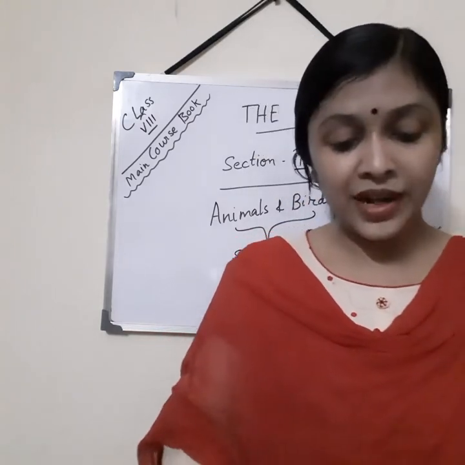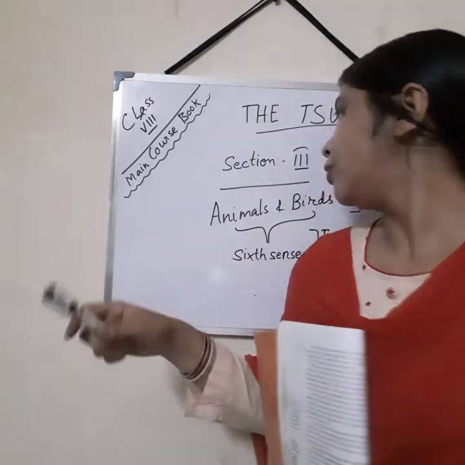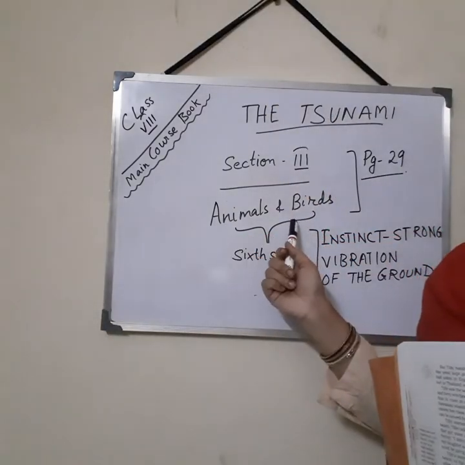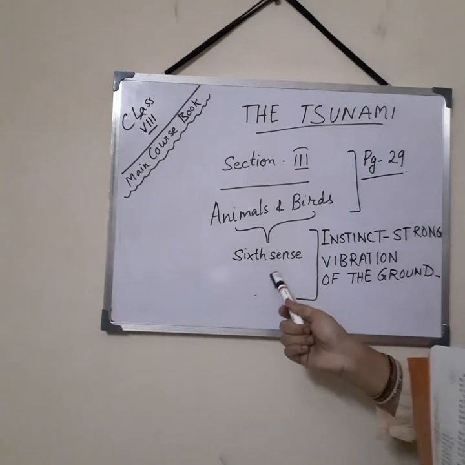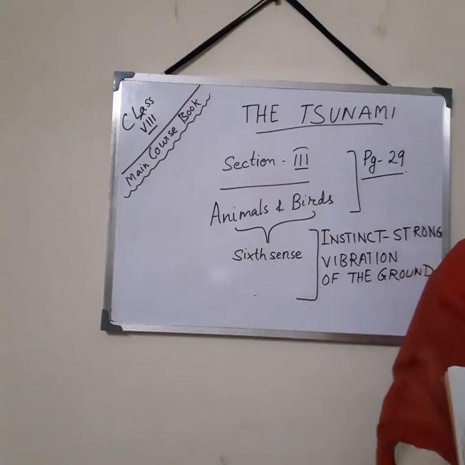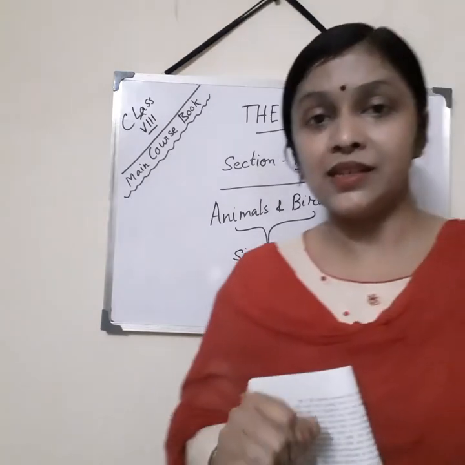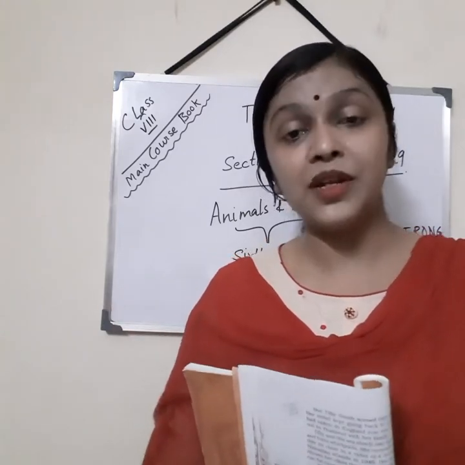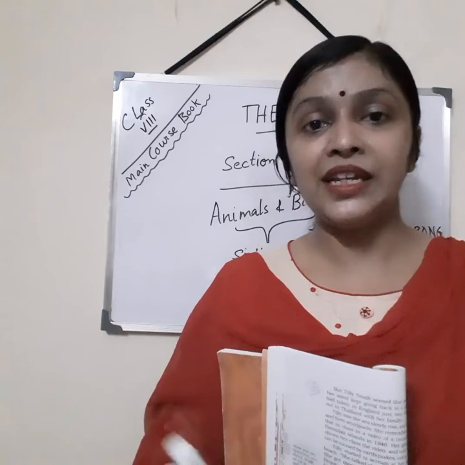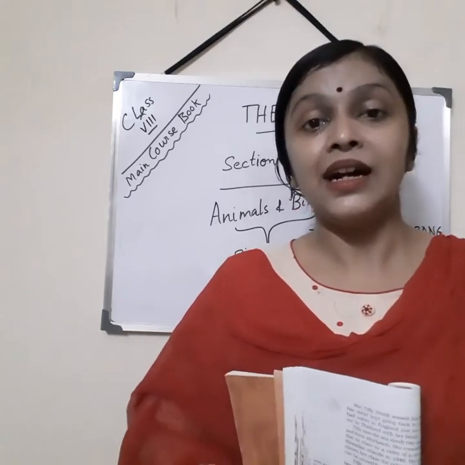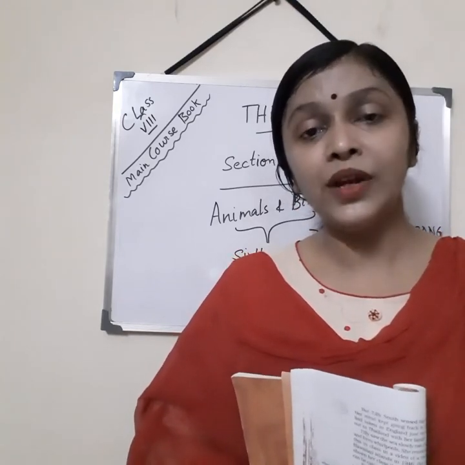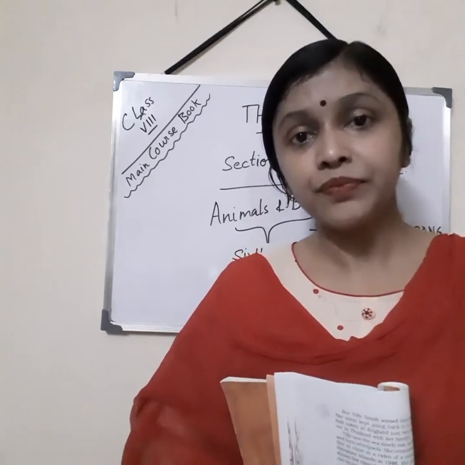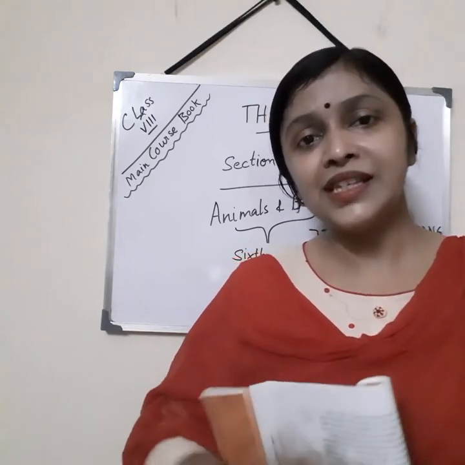Okay, so let us start the third section. The third section is about the animals and birds and how they possess a sixth sense. Why sixth sense? Five senses we already know. All of us have five sensory organs, and because of that we can touch, we can hear, we can feel, we can see, and we can talk.